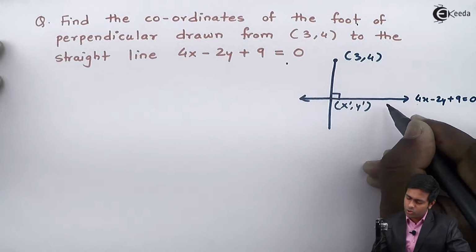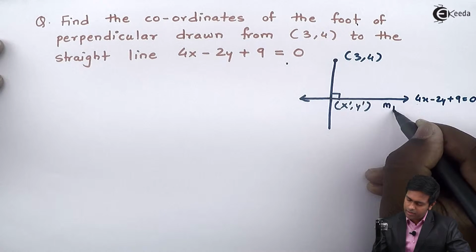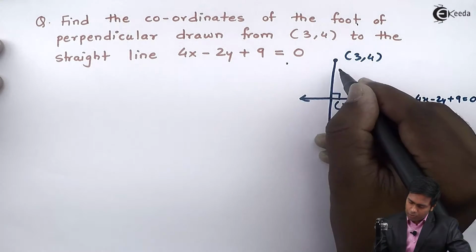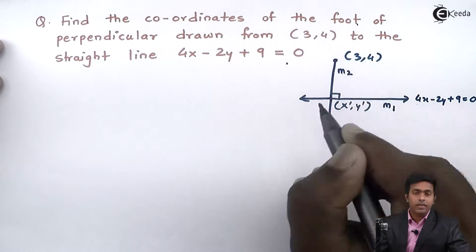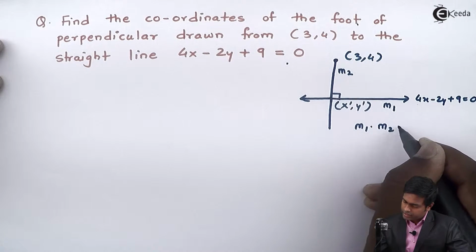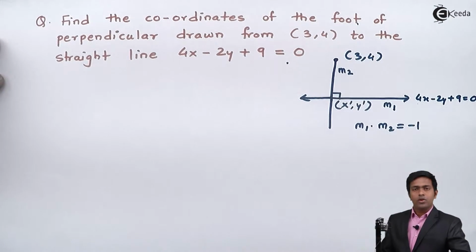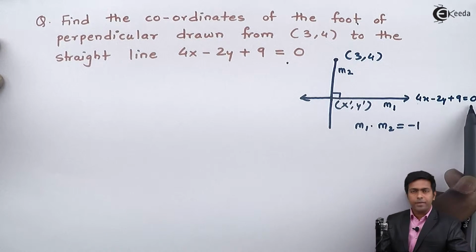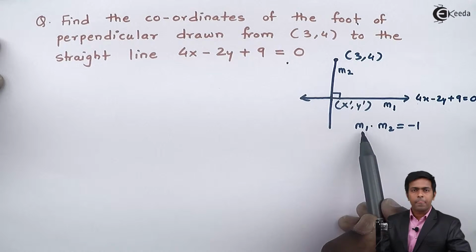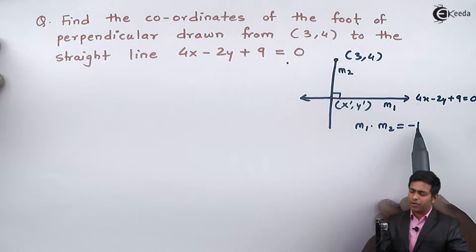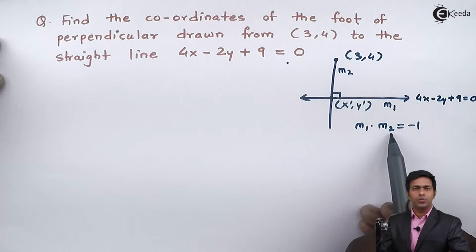If I say the slope of this line is m1 and the slope of this line is m2, then m1 into m2 is equal to -1. Since the equation of the line is given, I can find m1, and by using this relation we can easily get the value of m2.